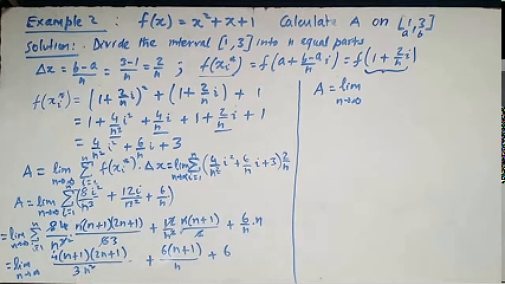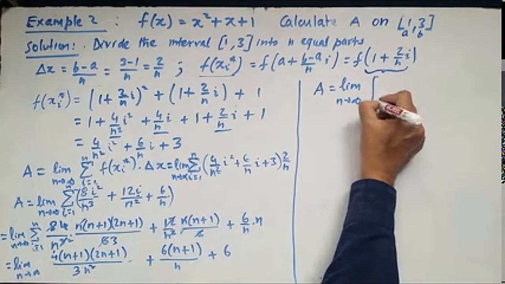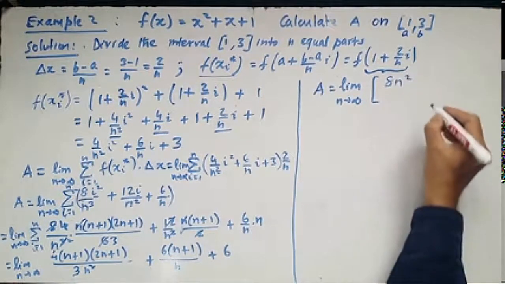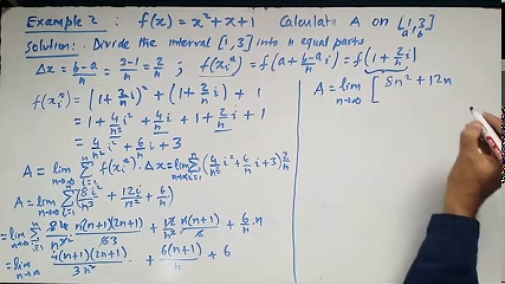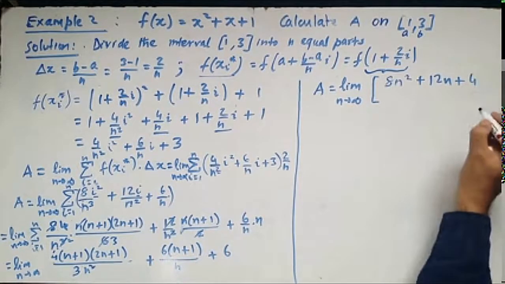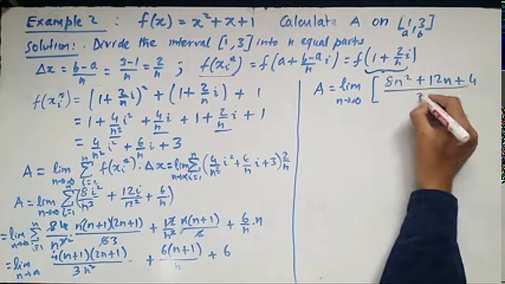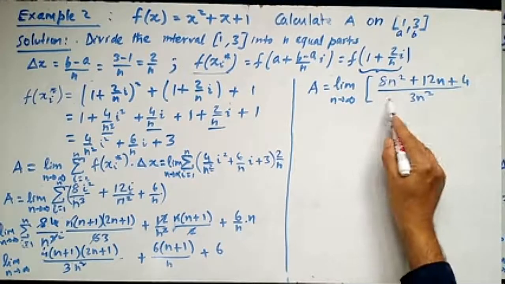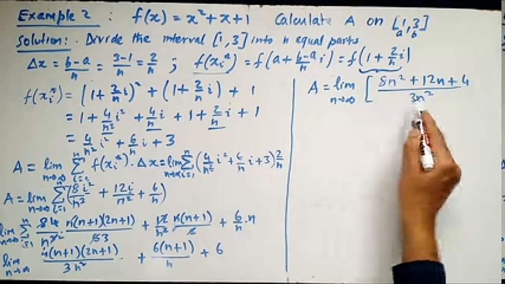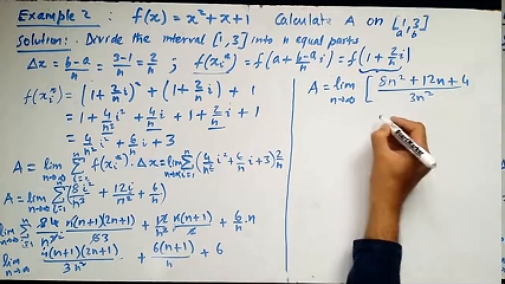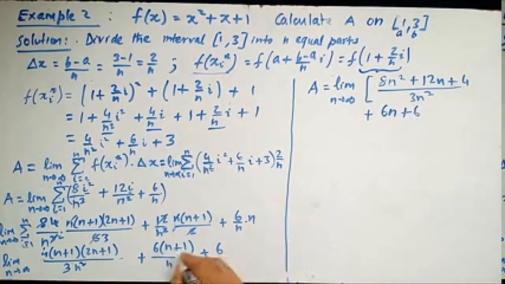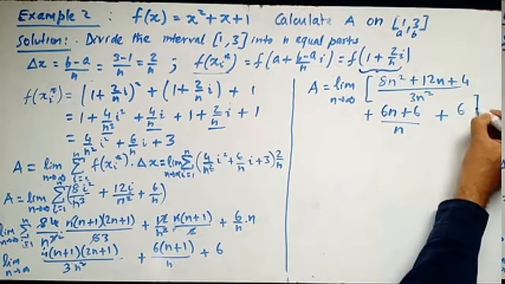If you multiply everything, we will get limit of (8 n squared plus 12 n plus 4) by 3 n squared. Okay, so this is what this part is equal to. So let's find out what this part is equal to. So plus, this is (6 n plus 6) upon n. This is the second part and the last part is 6.